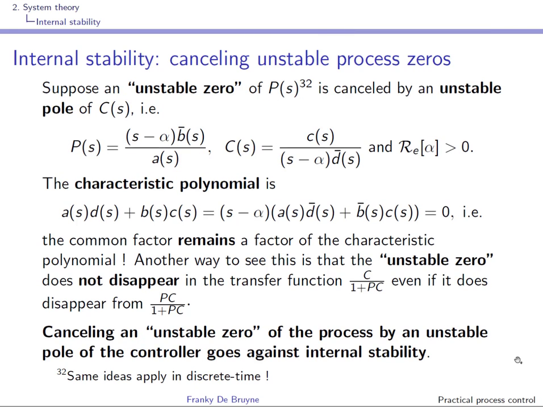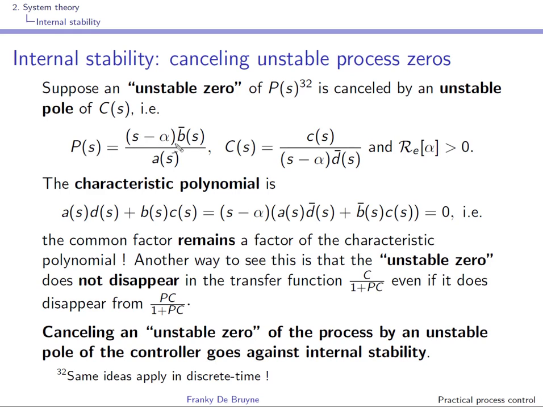Well, we can now have a look at an unstable zero of the process that is cancelled by an unstable pole of the controller. Again, unstable zero between quotes, because this unstable zero will not generate instability. We just mean that the zero is to the right of the imaginary axis.